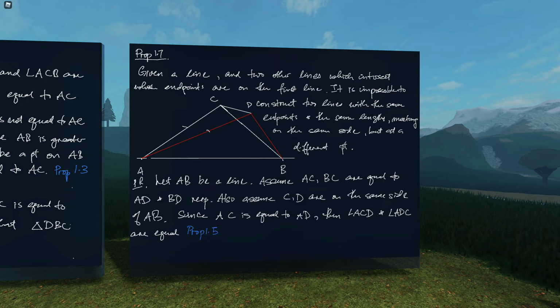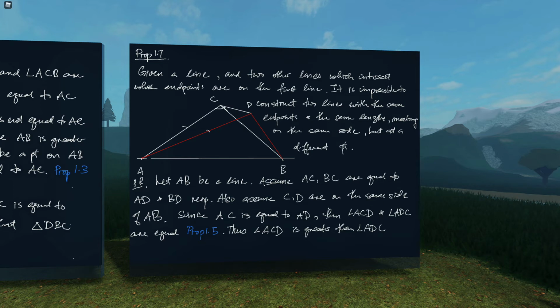And so therefore, angle ACD is greater than angle ADC. So ACD is the big angle here. I'll just mark it in.